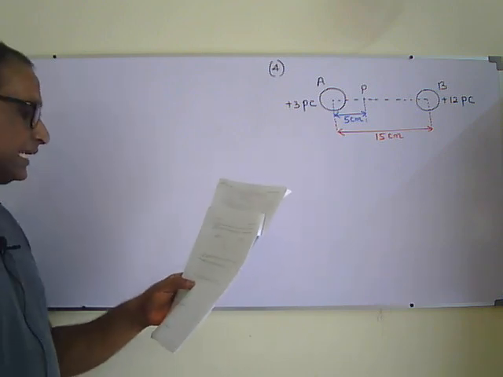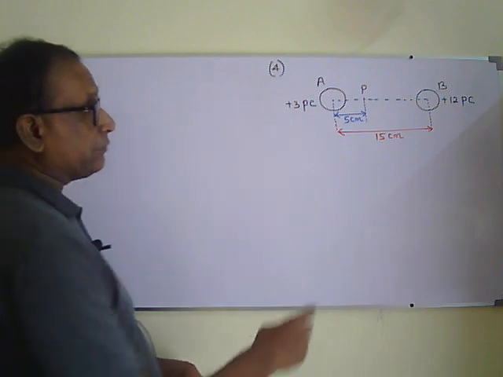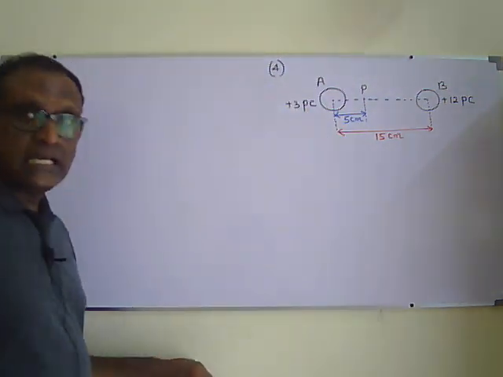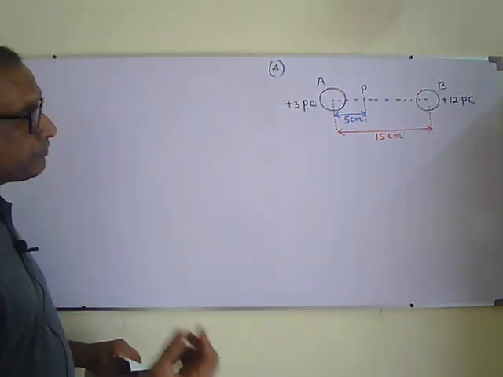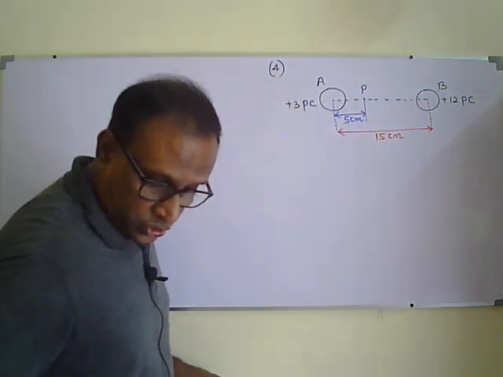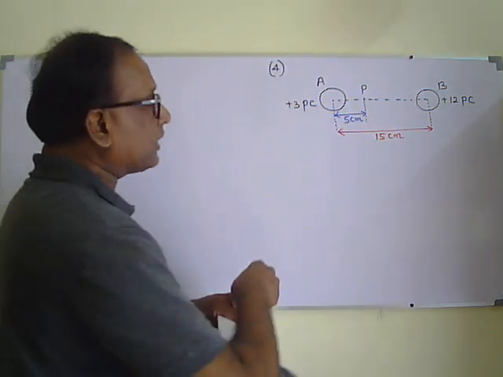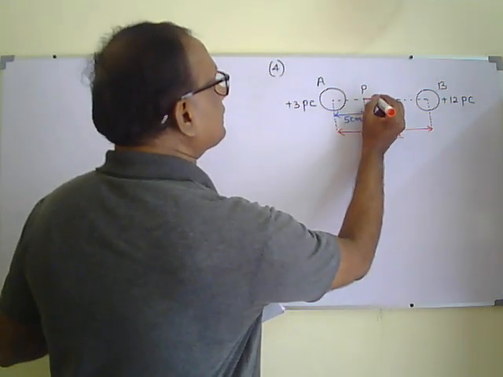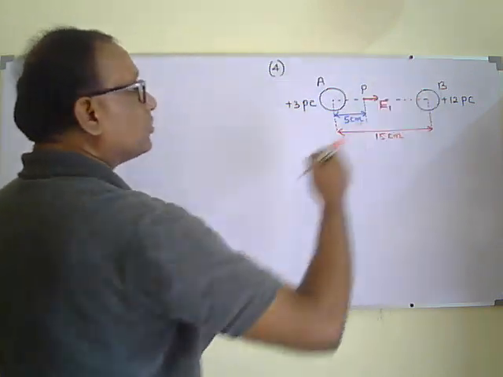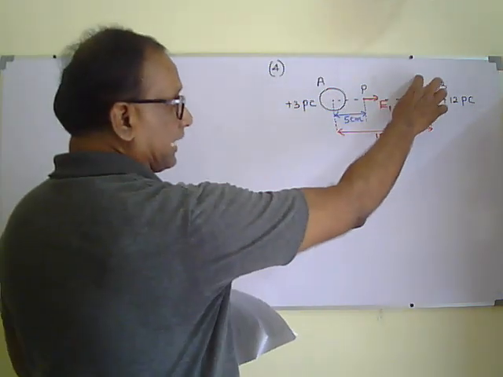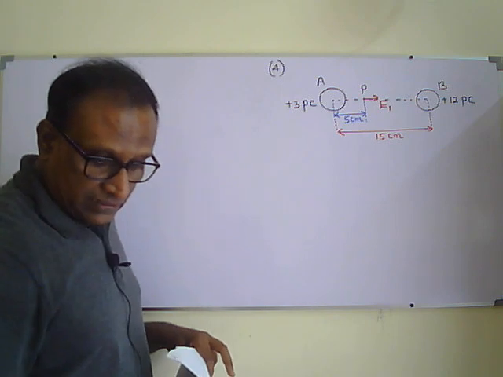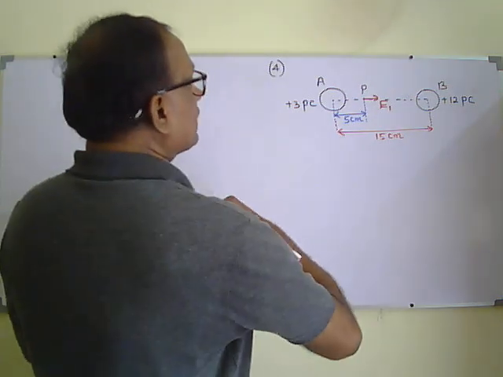B part, show that the electric field strength is 0 at point P. So that means point P is a null point. If I keep a positive test charge, you know that this will repel, so I can say E1 is in this direction. This one is also carrying positive charge, so that will repel. E2 will be towards left.